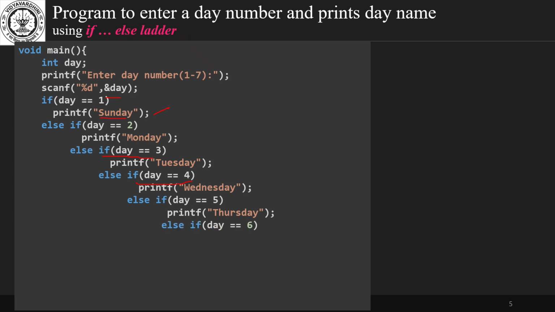Otherwise, it will go to the else part and check the next condition, if day equal to 6. If true, it will print Friday. If this one is also false, then the else part and the next condition, if day equal to 7, it will print Saturday.